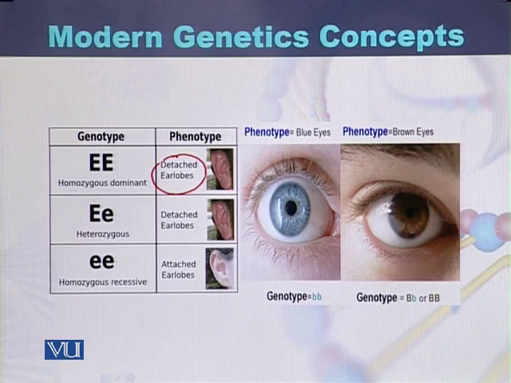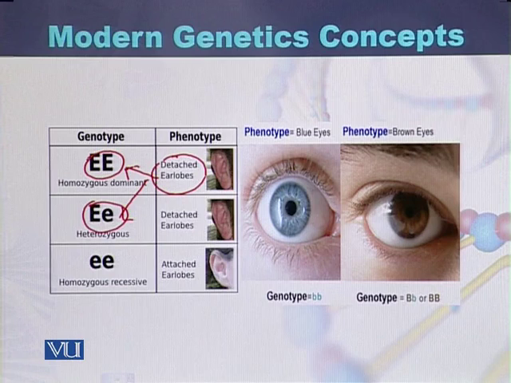For detached earlobes, the genotype can be homozygous, capital E and capital E, or the genotype can be heterozygous, meaning one allele is E and the second allele is different from the first allele. So the phenotype, detached earlobe, has two types of genotypes.